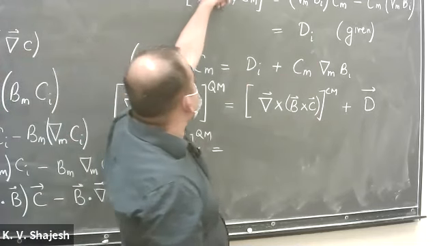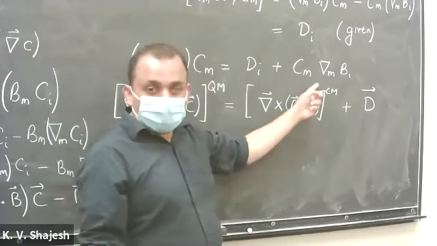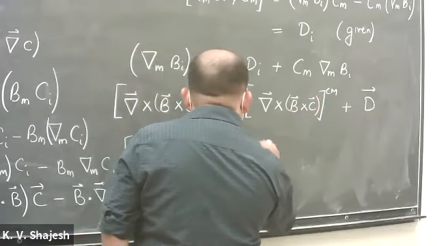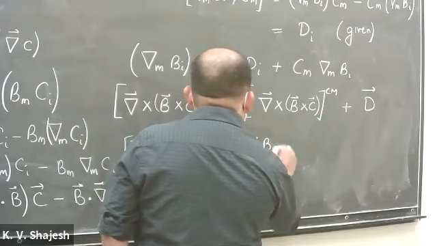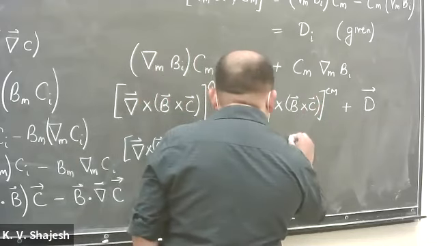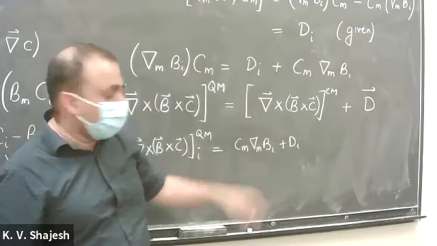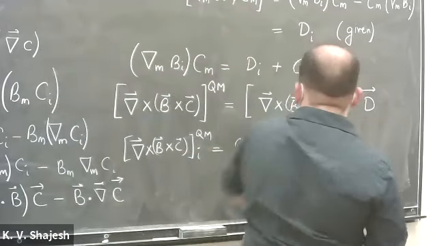I start from here, but this one I showed is this. So this is CM, M, DI, plus DI. That's this replacement. Is that very clear? That should be clear. And then I write the rest, right?